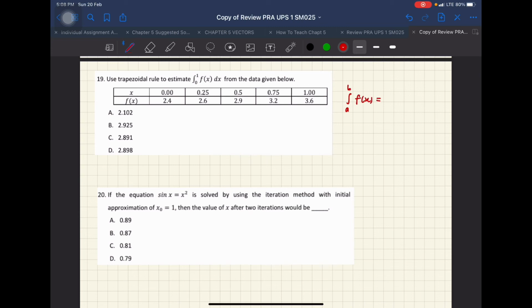Okay, so formula dia adalah h over 2 multiplied with A plus 2B. Okay, so this value of A and also B, dia akan datang bila kita substitutekan nilai x into your function. Okay, so A and B is the value of y.